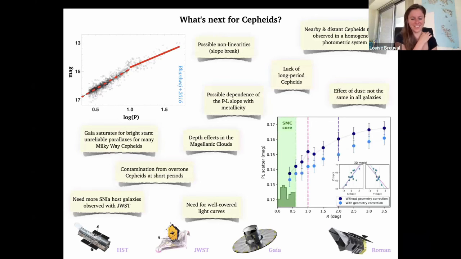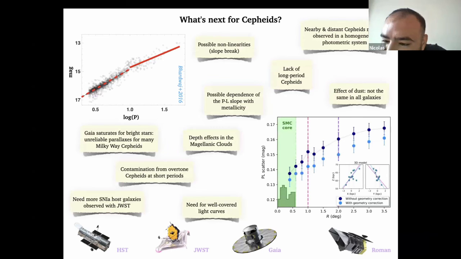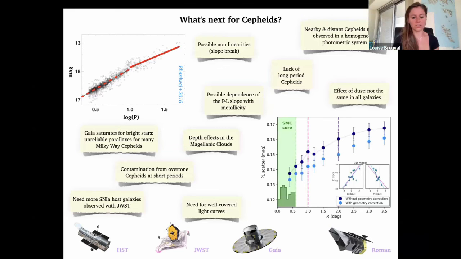Oh, yeah, thank you for your question. I'd say the main advantage of Cepheids over cosmological measurements is that they're really nearby, that their physics is well understood, and everything is really empirical. So there's no models.